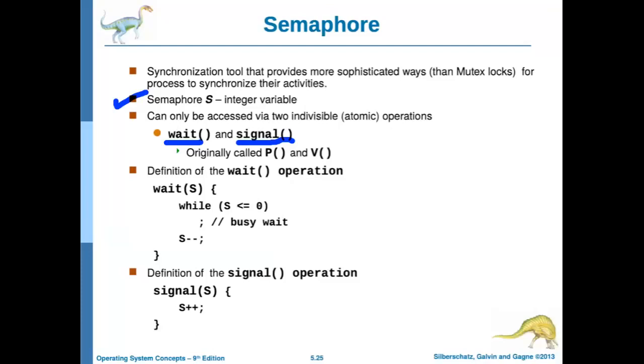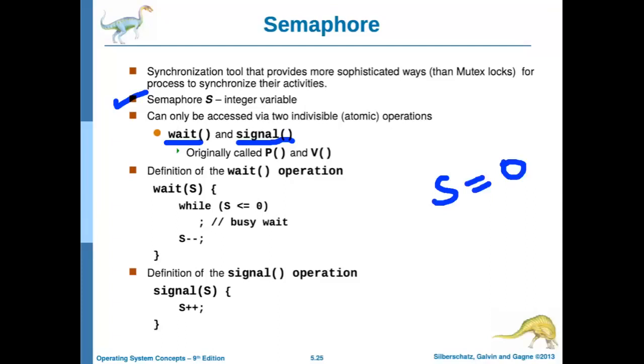Now, to make it simple, imagine that if the value of S is equal to 0, that means the resource is not available. Like resources are safeguarded by mutex locks, in the same way resources can be safeguarded using semaphores. If the initial value of S is 0, what will happen?